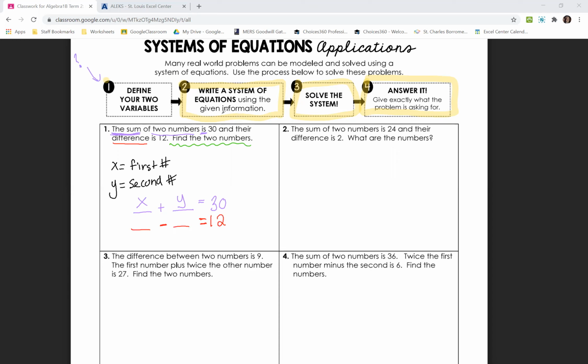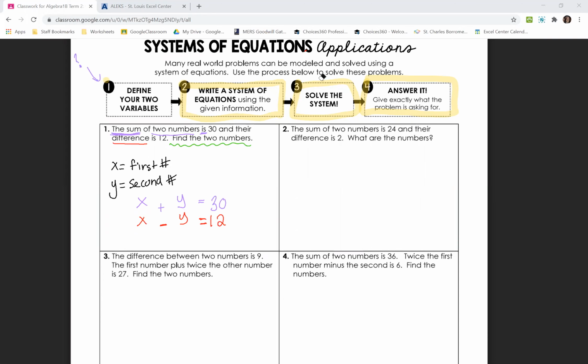Well, we're still talking about the same thing, the two numbers, X and Y. So we wrote a system of equations by first defining my variables and then gathering the clues to find a relationship with these variables. Now that we have my equations, what can we do? Well, we can use our methods to solve. So you have options here.